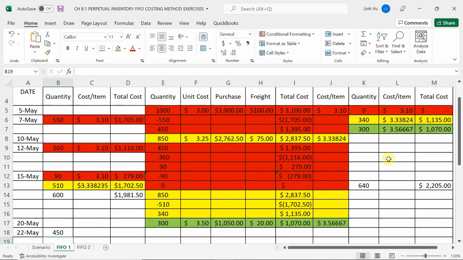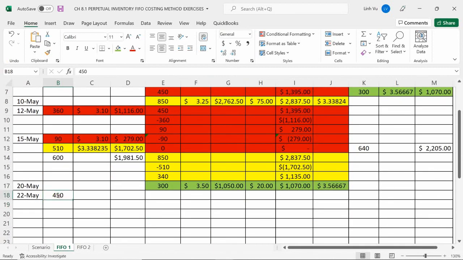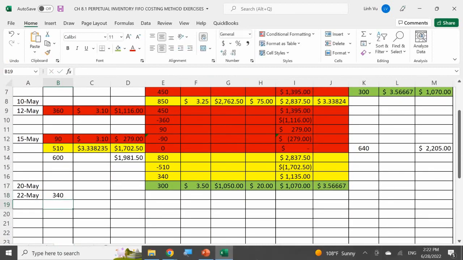I have 2 batches left. Yellow and green. Green I just purchased. Okay? Using the rules of FIFO, I still have a remainder of my yellow batch. I have 340 units left. Okay? So that means I can get rid of that 340. Okay? But I need to get to a total of 450.